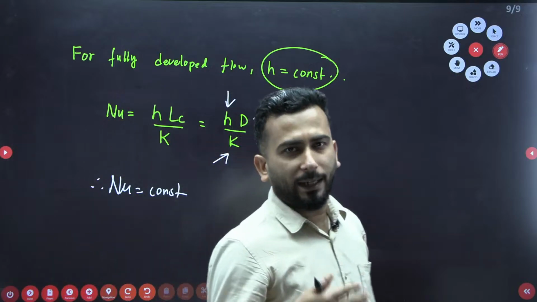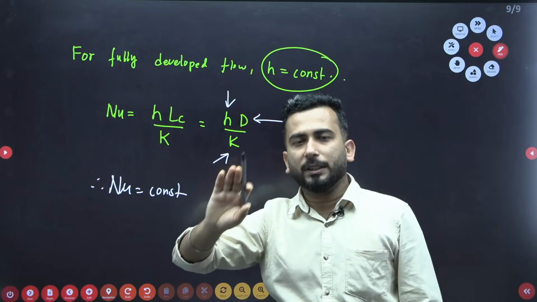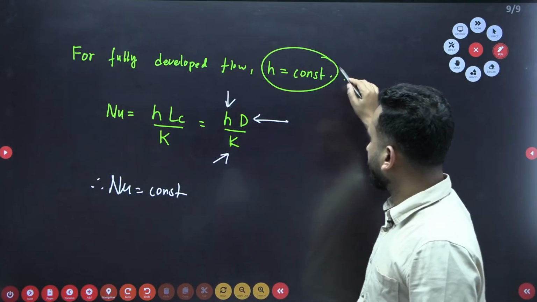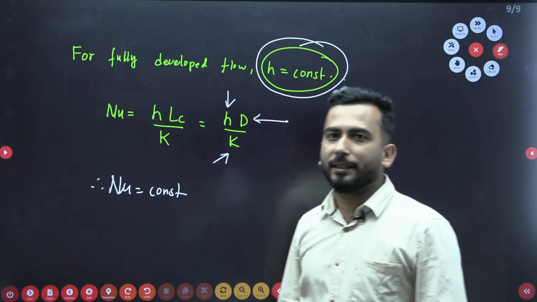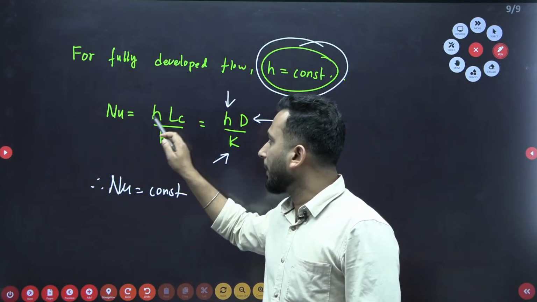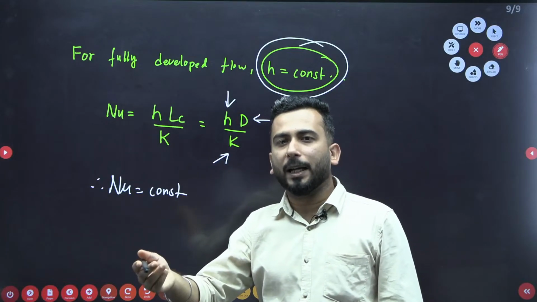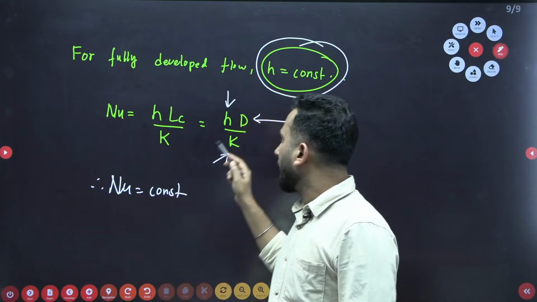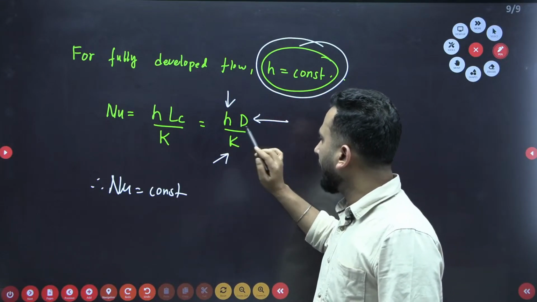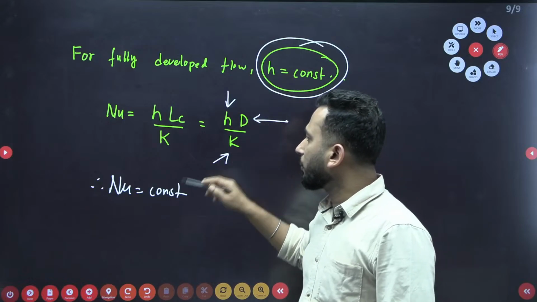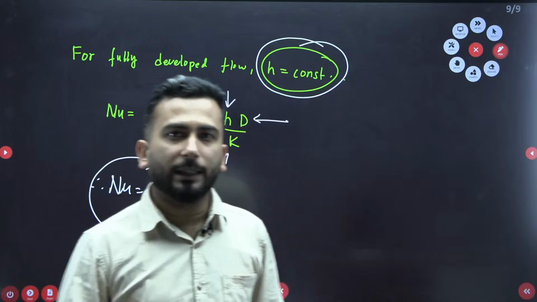Again I repeat, for fully developed flow the concept is h is constant. So what is Nusselt number? h Lc by k. Lc for internal flow of the pipe is the diameter. So hD by k. Diameter is constant, k is constant, h for a fully developed flow is constant. So can I say Nusselt number is constant for a fully developed flow? Yes sir.